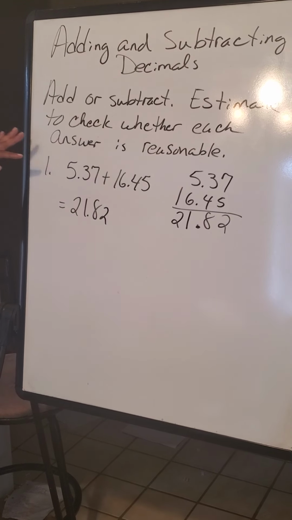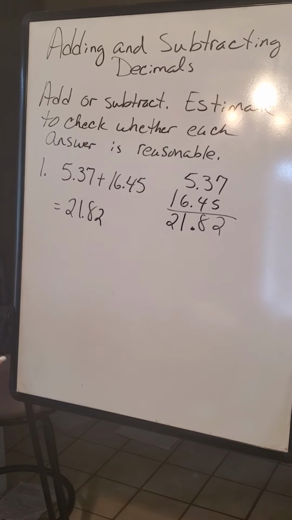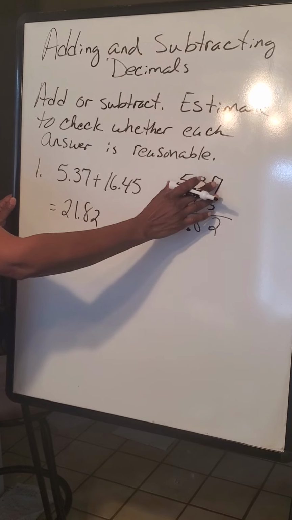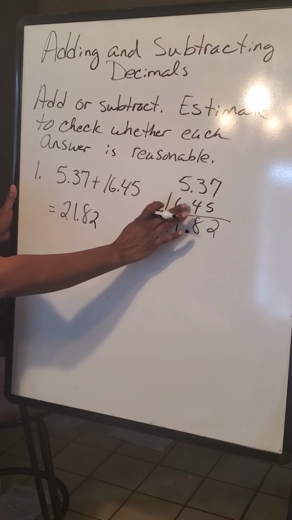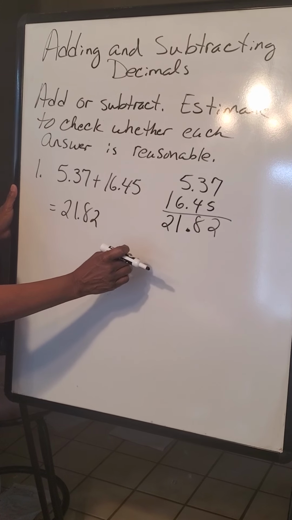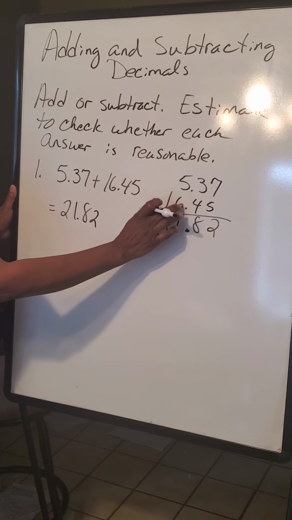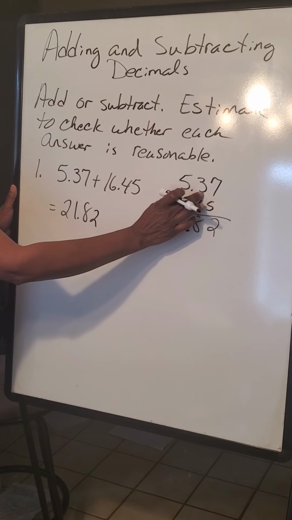So the answer is 21 and 82/100ths, 21.82. Then it asks me to estimate to check whether each answer is reasonable. So in order to estimate, I'm going to round these two numbers to the nearest whole number. To round 5.37 to the nearest whole, I'm going to look at the digit to the right of the 1's place. I have a 3.